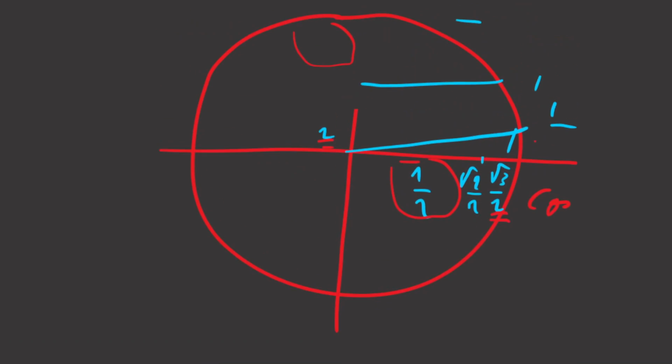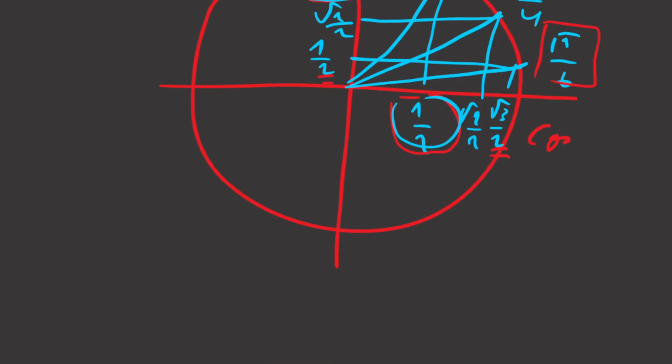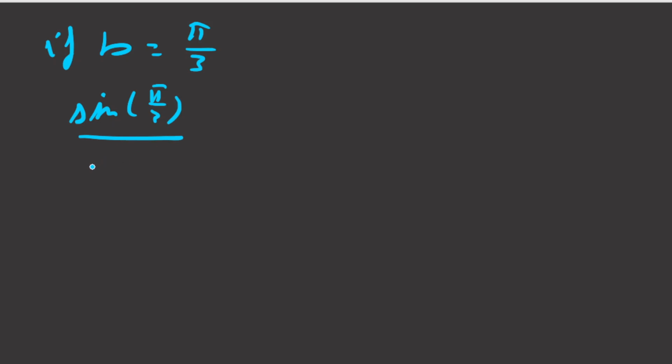So if you look at the unit circle again, we can see that if we plug in pi over 3, it's square root of 3 over 2 over 1 over 2. Alright, so let's plug in. So if b is equal to pi over 3, we would get sine of pi over 3 over cosine of pi over 3.